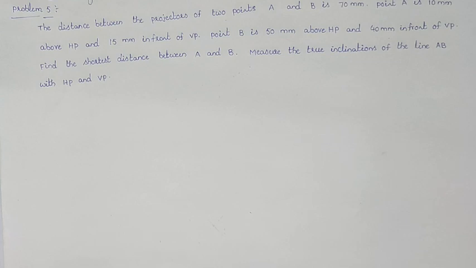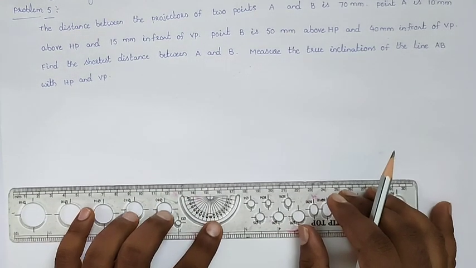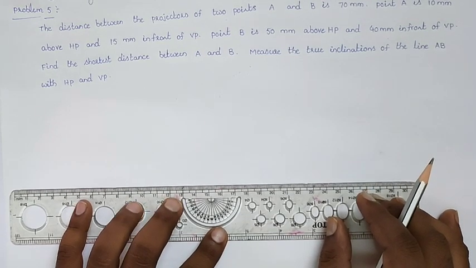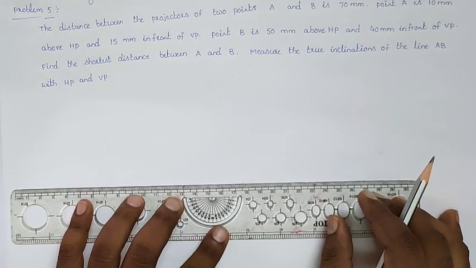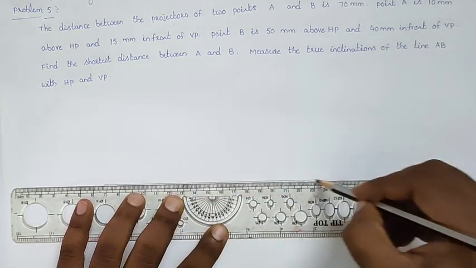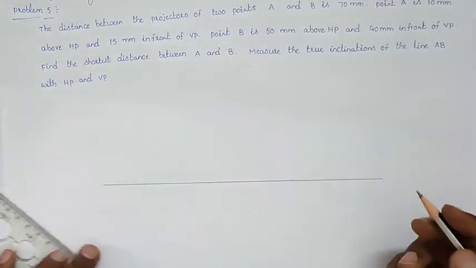Point A is 10 mm above HP and 15 mm in front of the VP, and point B is 50 mm above HP and 40 mm in front of the VP. They are asking for the shortest distance between A and B, and also the true inclinations.